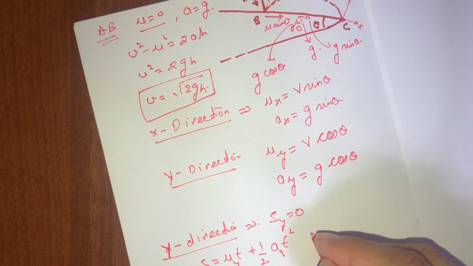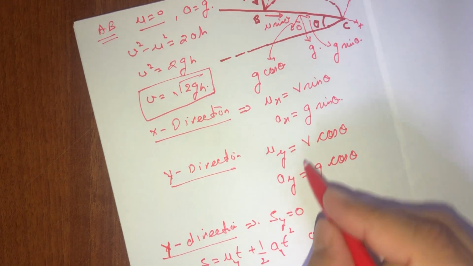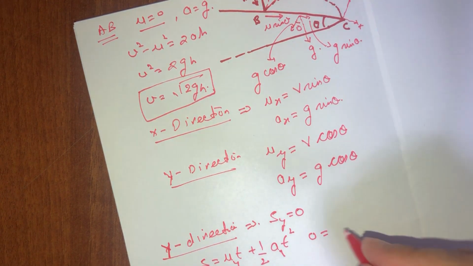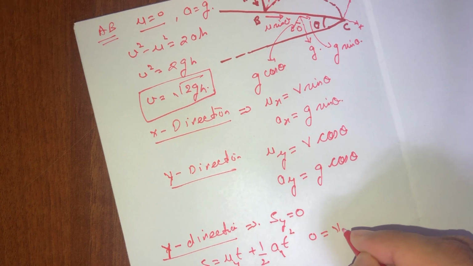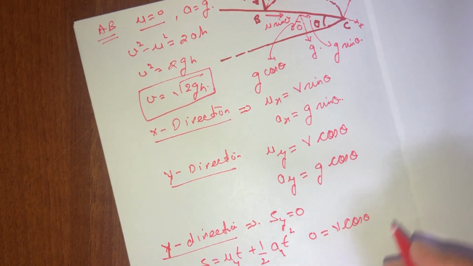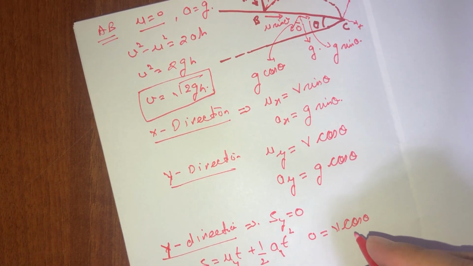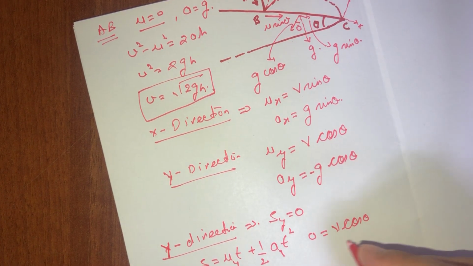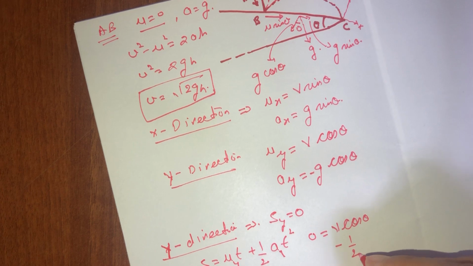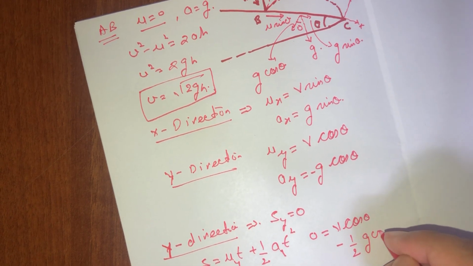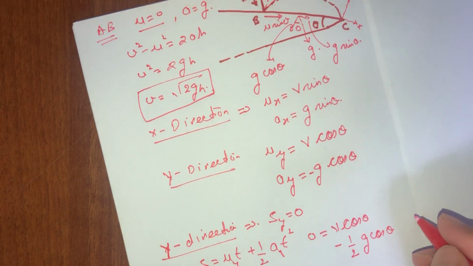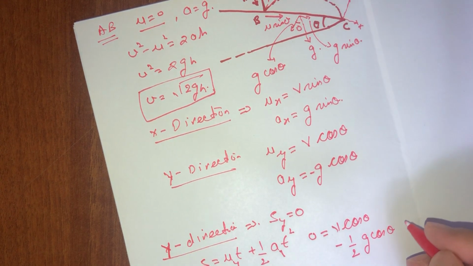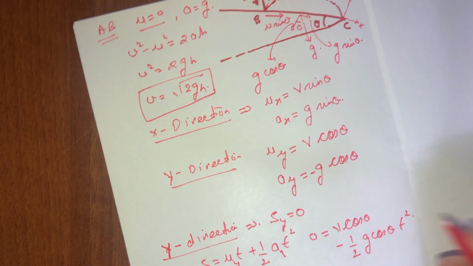So s of y is 0, so we write 0 is equal to u of y is given as v cos theta multiplied by t, and a of y will be minus, so we write here minus 1/2 g cos of theta t square.